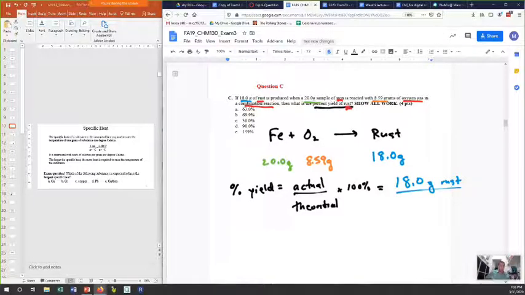The real issue becomes now the theoretical. And when we talk about percent yield, we address the theoretical as a calculation. And it's going to be a calculation here too. But it's the question of the amount of calculation that you have to go through and do. Okay?